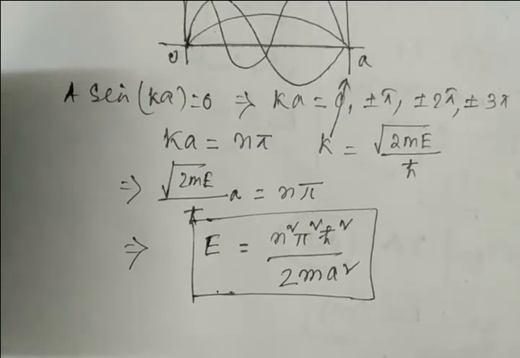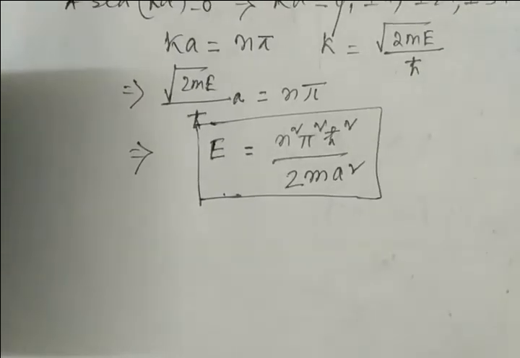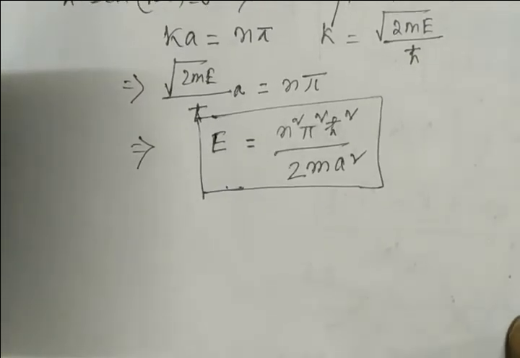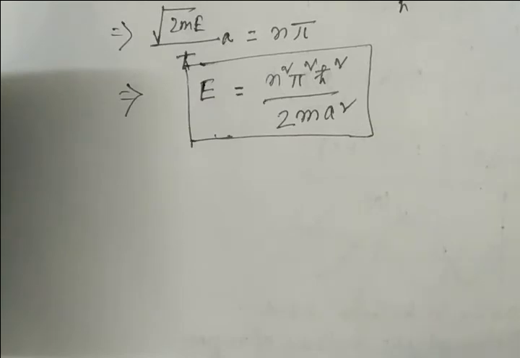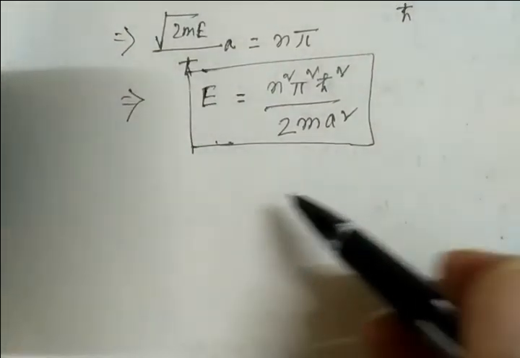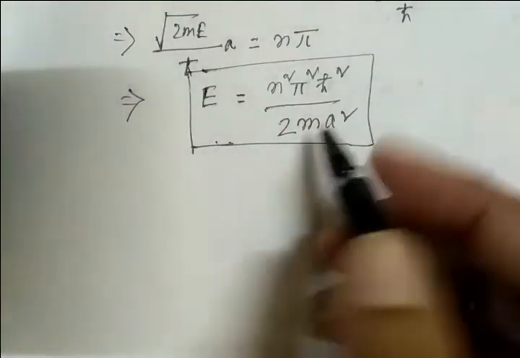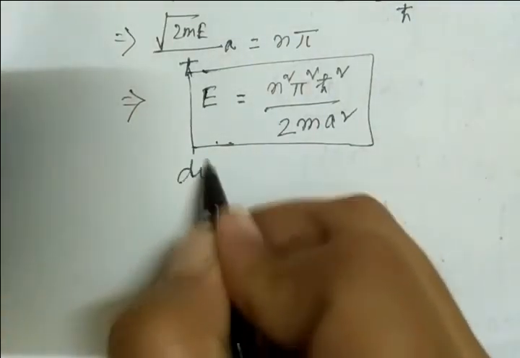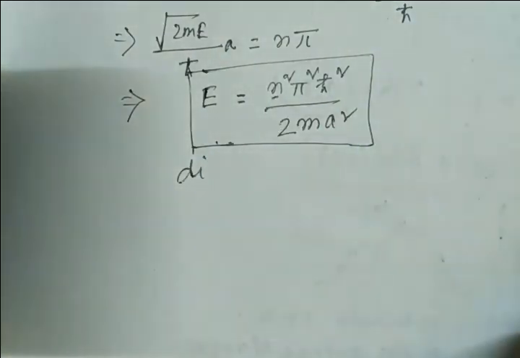I have done it in detail in your note. Please go through this line by line. So this is quantum mechanics. Okay, so see that we are getting the discrete set of allowed energy states, because n equal to 1, 2 and so on.